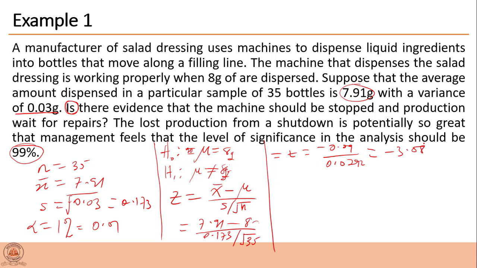and this will give us negative 3.08. Now, as we indicated in other videos, this is a negative value and we hardly see the negative normal distribution table flying around. So what we can do is to read from the positive table and see how we can convert that to a negative table value.